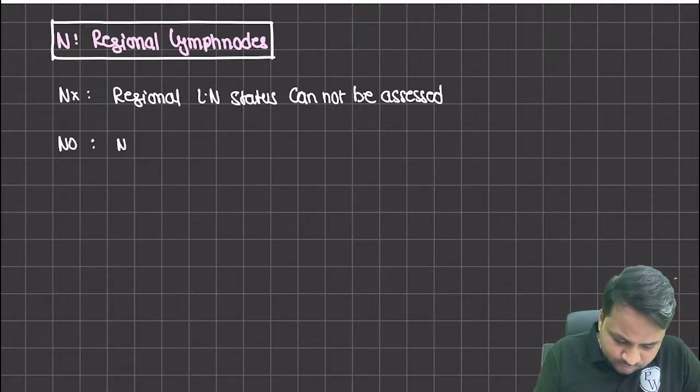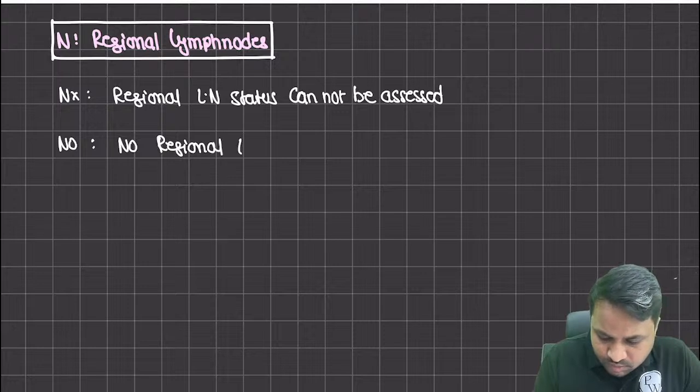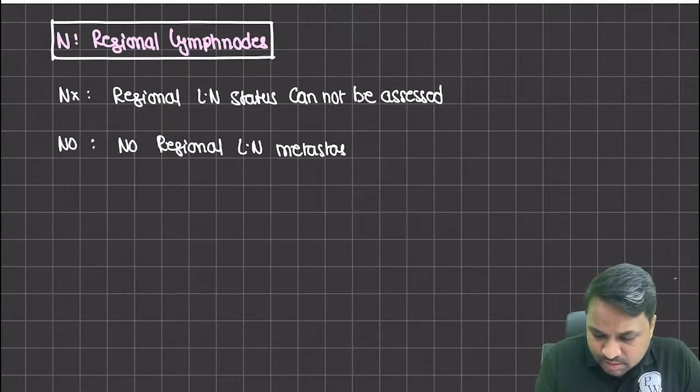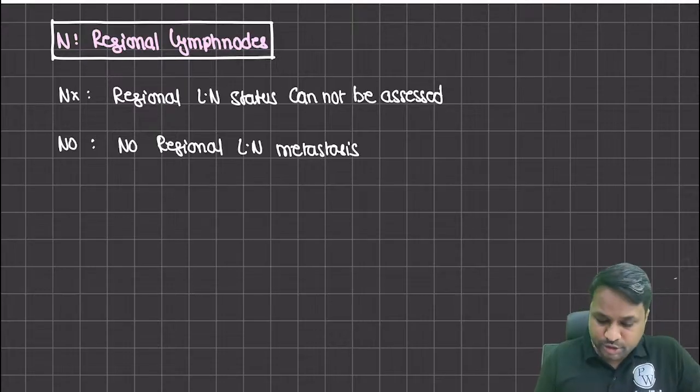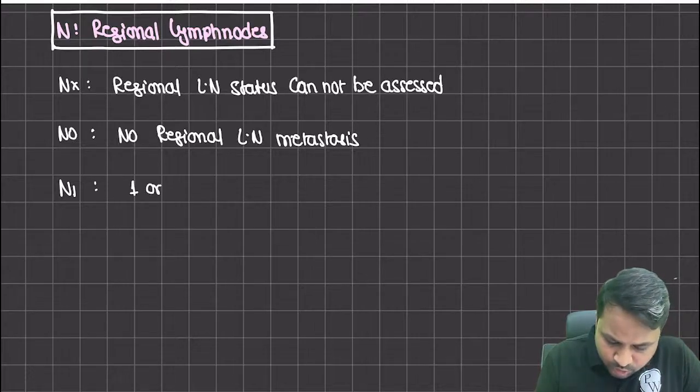N0, there is no regional lymph node metastasis. In N1, 1 or 2 lymph nodes are positive.